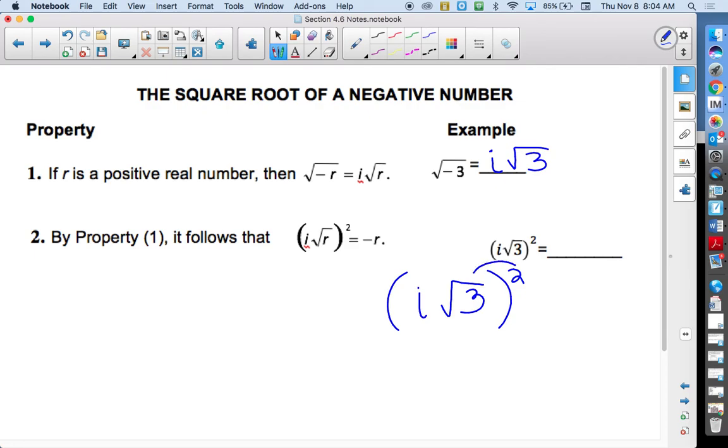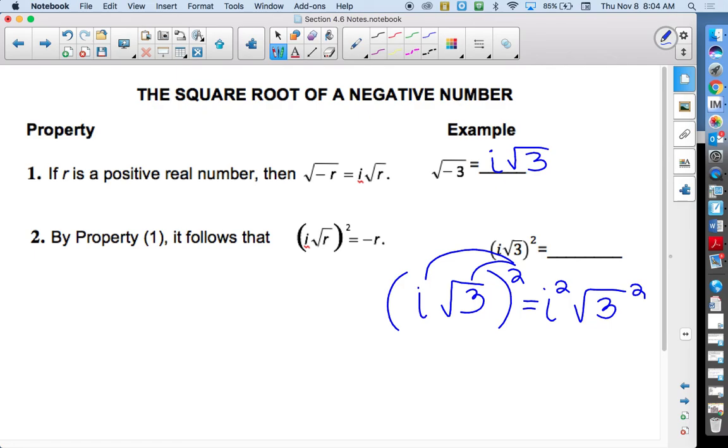Number 2 says, by property number 1, it follows that I square root of r, squared, is -r. I want you to think about that. If we square these values, if we have I square root of 3 and it's squared, that squared goes to the square root of 3, that squared goes to the I, it goes to both of them.